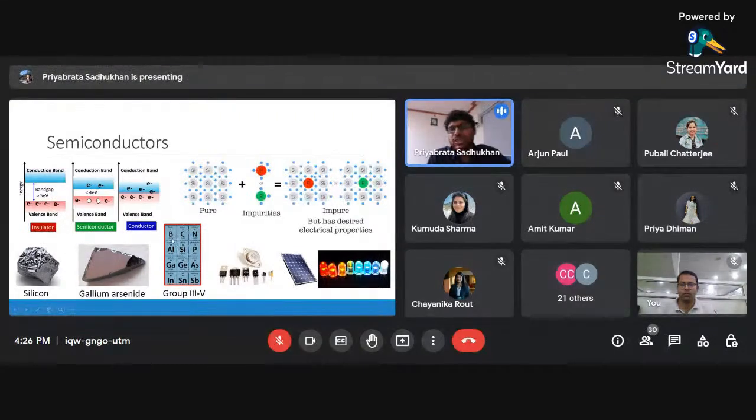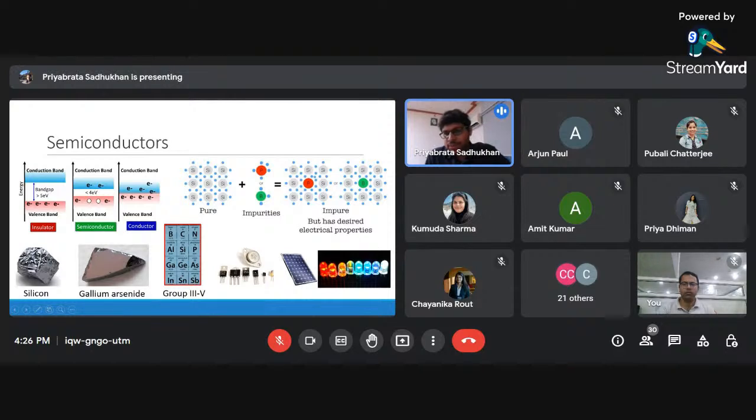Now, if you pick 2 or 3 elements from this group and make a mixture of them, they will work as a very good semiconductor. And by mixing them and changing their relative percentage, we can change their semiconductor properties. That's why we can use them in different areas, like making transistors, solar cells, or LEDs.